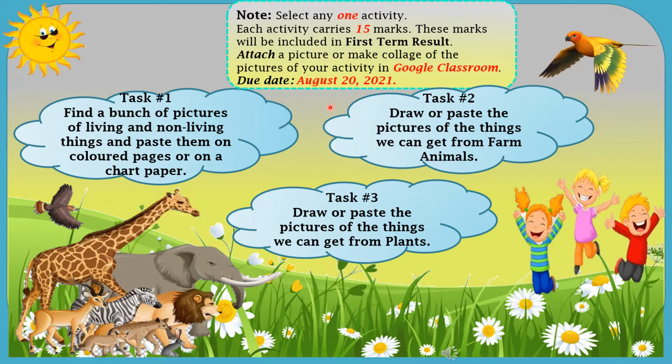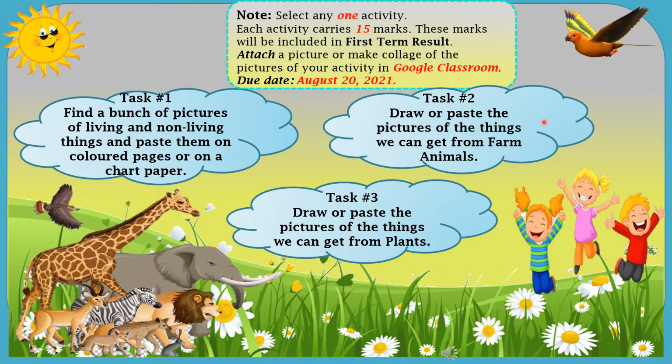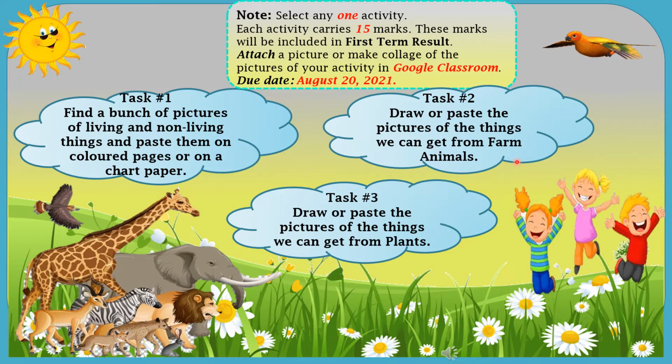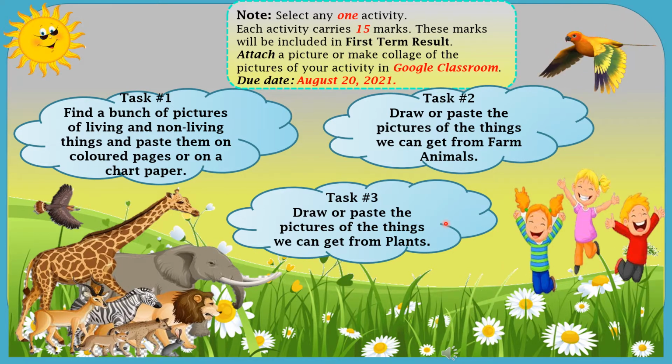Okay, so your second task is draw or paste the pictures of the things that we can get from farm animals. Okay, and task number 3, you have to draw or paste the pictures of the things we can get from plants. Okay dear students, so you can select one task that you would like to do.